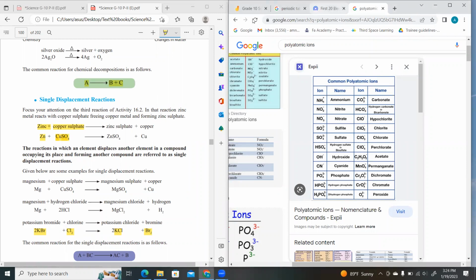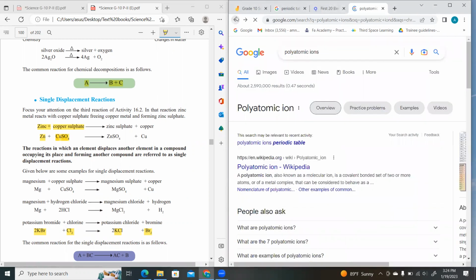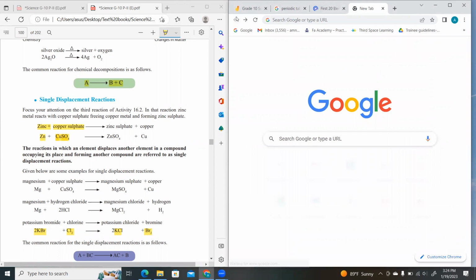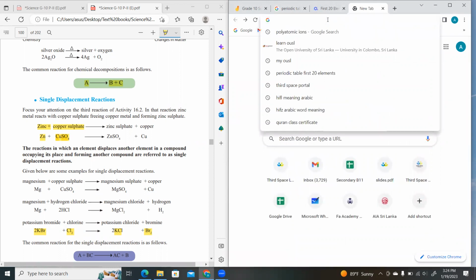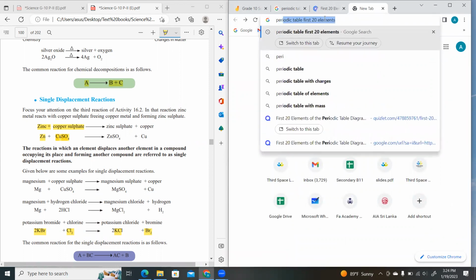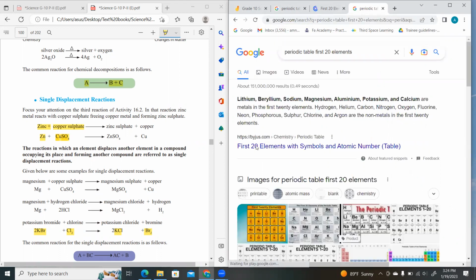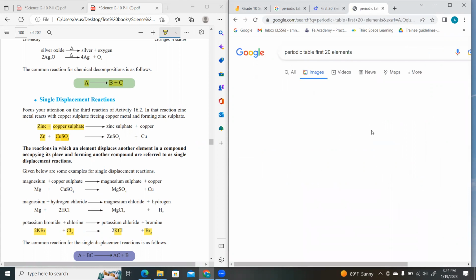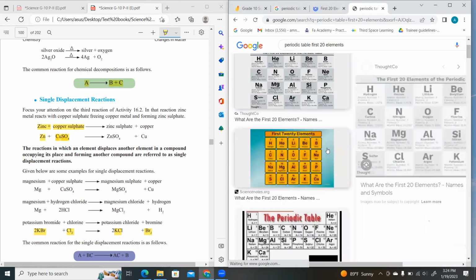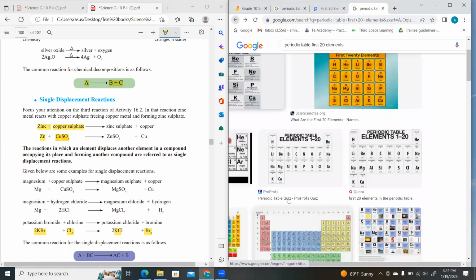For an example, when you take nonmetals, I'll show you what are the nonmetals present as a gas.